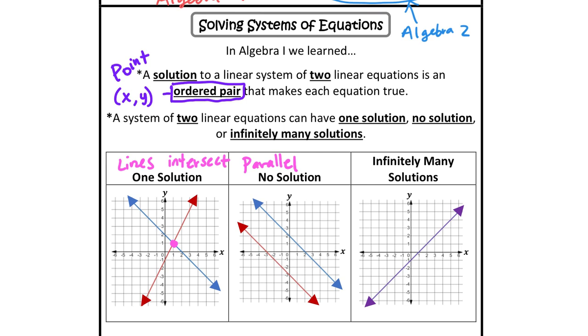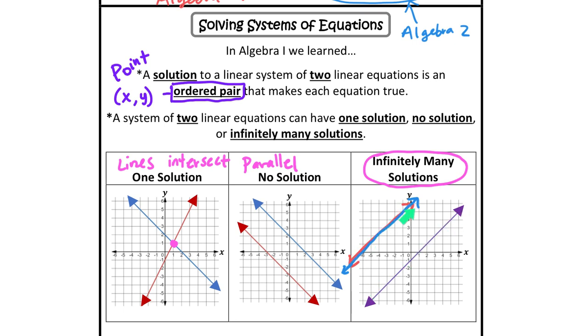Now, when I have infinitely many solutions, that means that, let's say these two red lines, if I move them together, so let's say I have a red line, and then I have a blue line on top of that red line. What happens when I mix blue and red? They make purple, right?